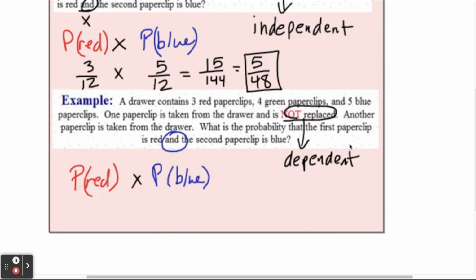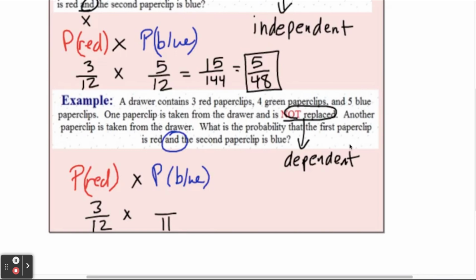In this case, the probability of red stays the same, 3/12, because it's the first paper clip being drawn, so I haven't taken any out yet. But here's where things change. Once I draw that first paper clip, because it's not being replaced, I only have 11 paper clips left.